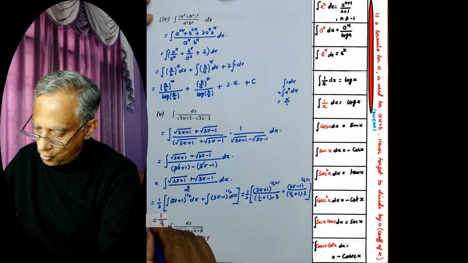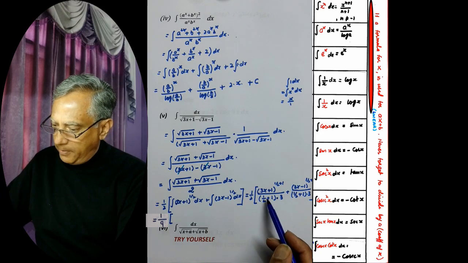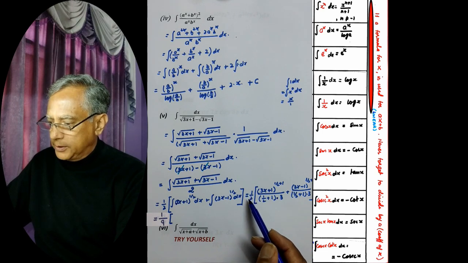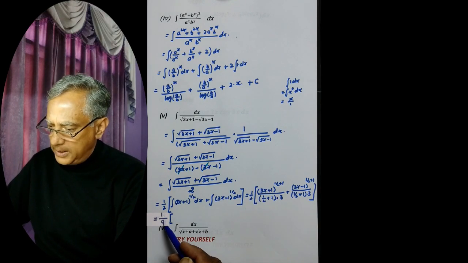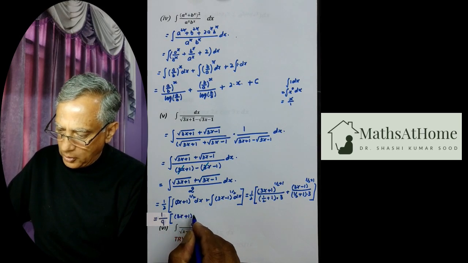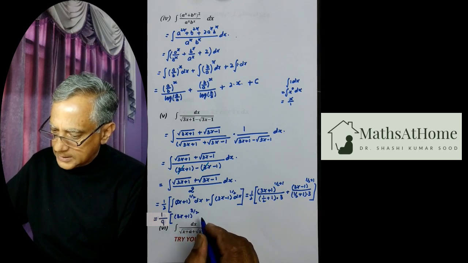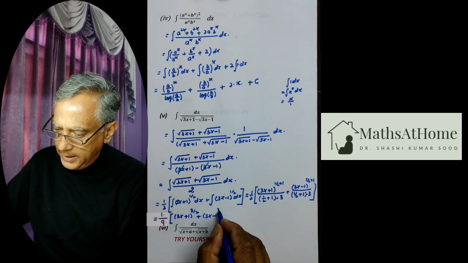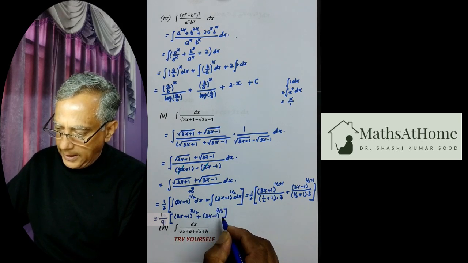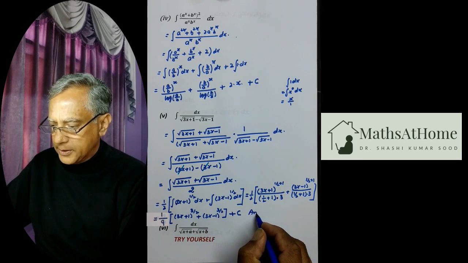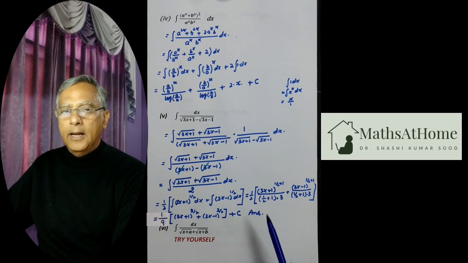So this is 3 by 2 into 3, 9 by 2, and 1 by 2 into that, 9. This is also 9. So we take 9 common and we are left with (3x+1) to the power of 3 by 2 plus (3x-1) to the power of 3 by 2, plus c. This is the constant of integration. This is the answer.